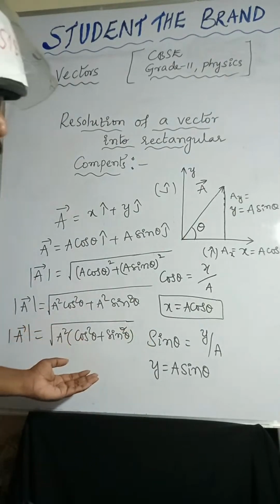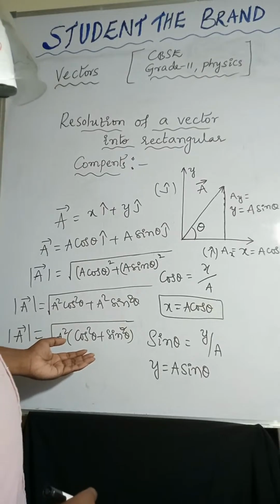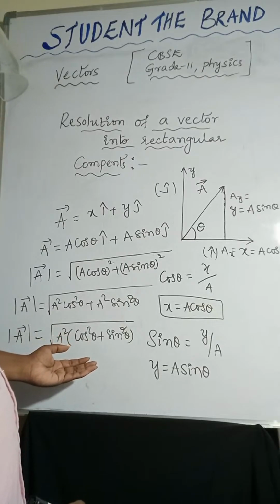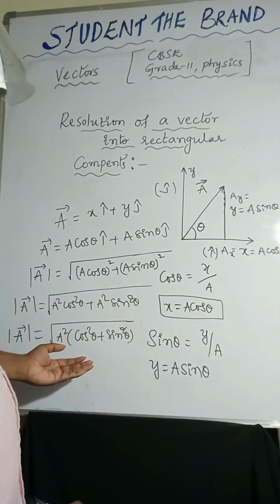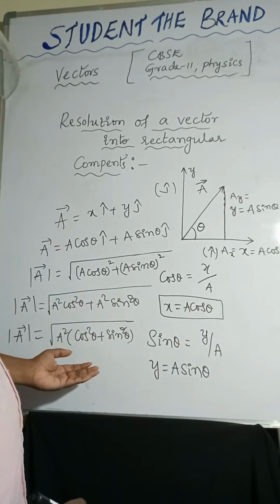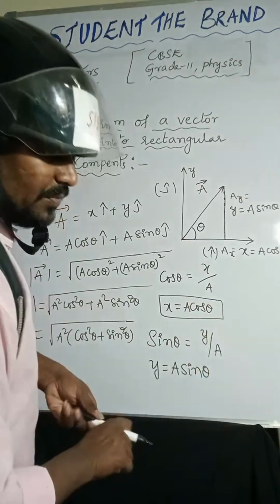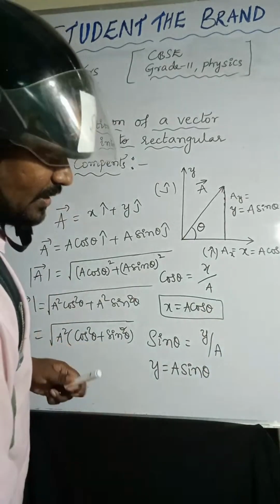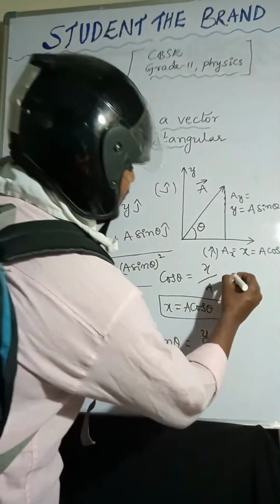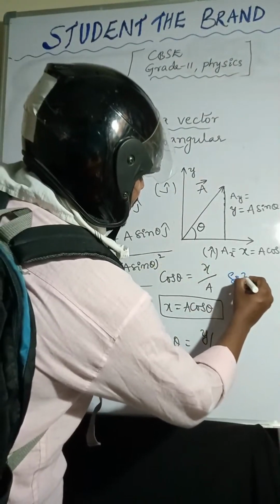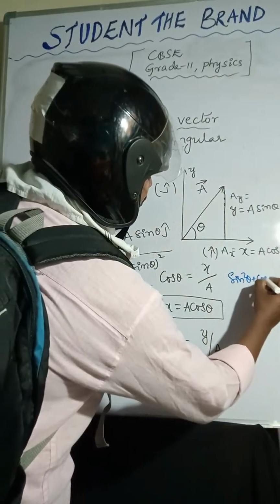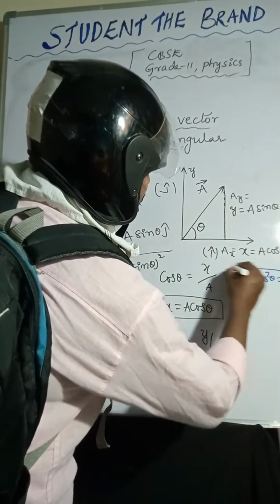So what is sin square theta plus cos square theta? Sin square theta plus cos square theta equals 1. Very important: sin square theta plus cos square theta equals 1.